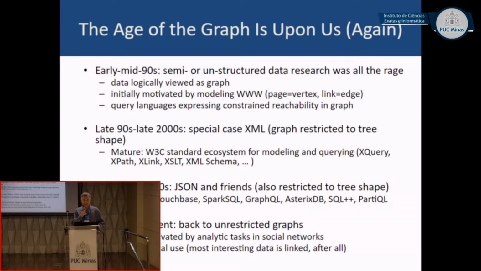There was an entire ecosystem of standards developed under the umbrella of the World Wide Web Consortium, XQuery, XPath, and so on. And then, of course, the database community being as fickle and fashion obsessed as we are, we moved on from this one to something rather isomorphic, document databases, JSON, which if you look at it squinting, is also just tree data.